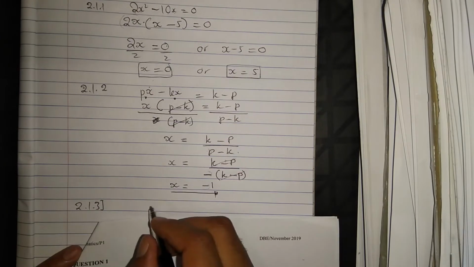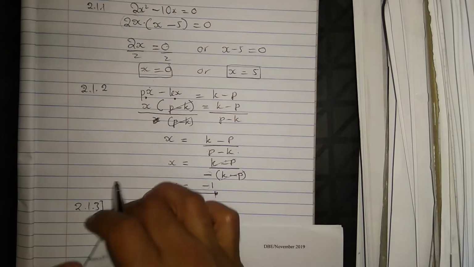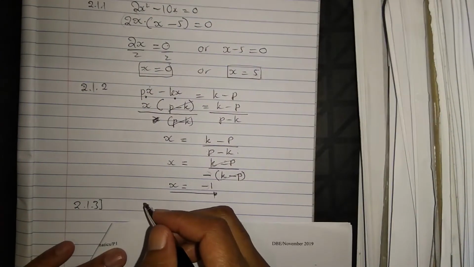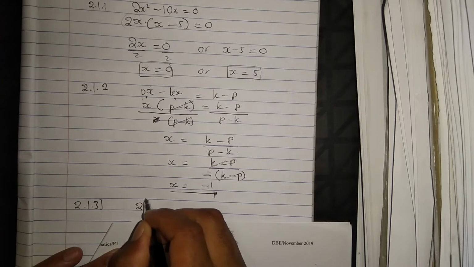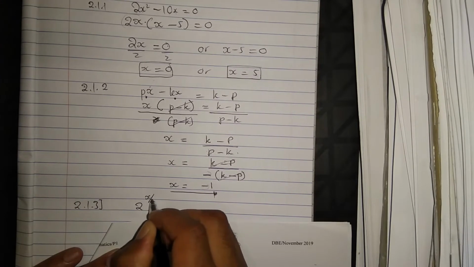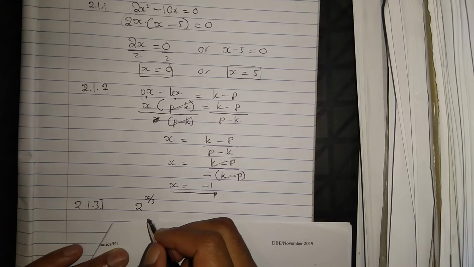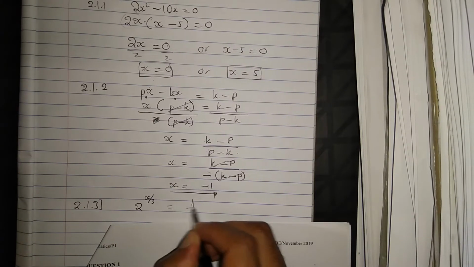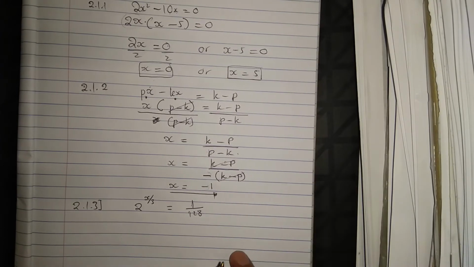2.1.3, we have another equation here that says 2 exponent x over 3 equal to 1 over 128. So it's 2 raised to x over 3 equal to 1 over 128.